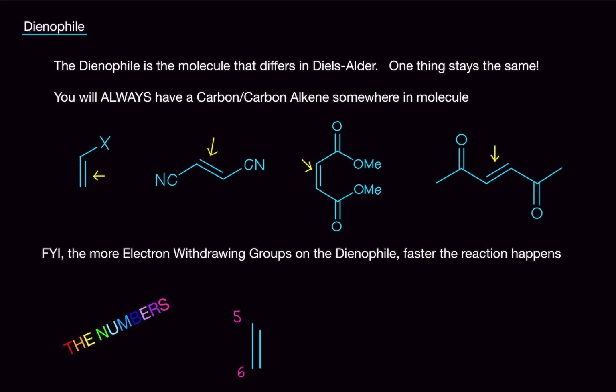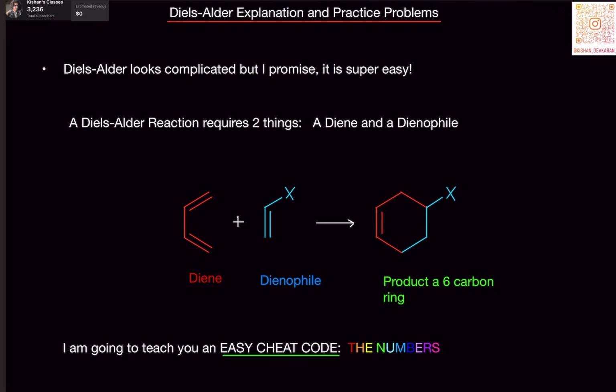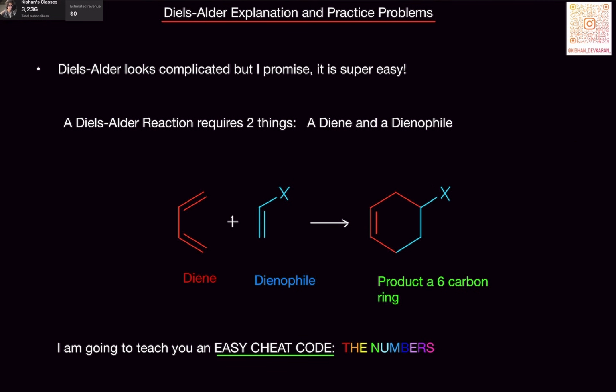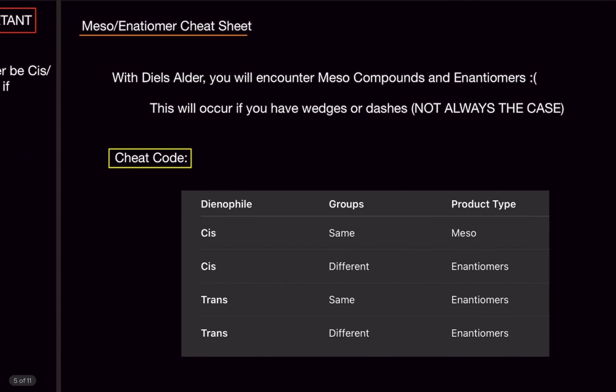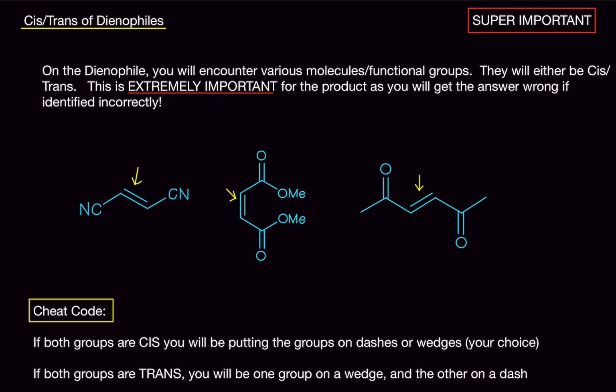Now notice we numbered the diene from 1 to 4 and the dienophile 5 to 6. Six carbons, suspiciously enough, is our product. So you'll see what happens. Okay. Let's put cis and trans.